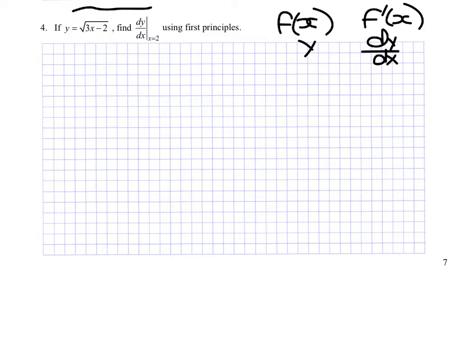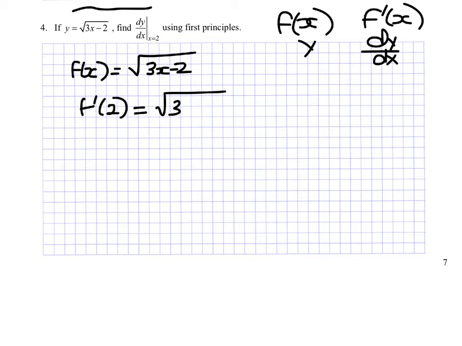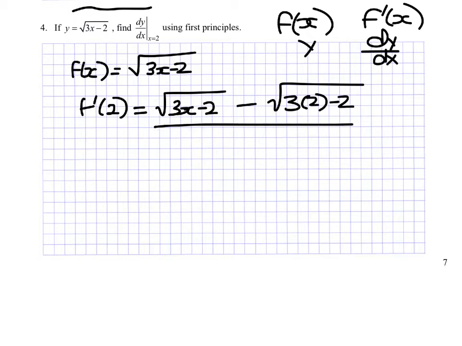So the derivative of y with respect to x is going to equal the same thing as, I'm going to treat this for now as a question where we've got f of x equals the square root of 3x take 2, and we're going to find f dash of 2. So I'm going to put f dash of x, but instead of x I'm going to put 2. It's going to equal the square root of 3x take 2, take the square root of 3 times 2 take 2, all over x take 2.